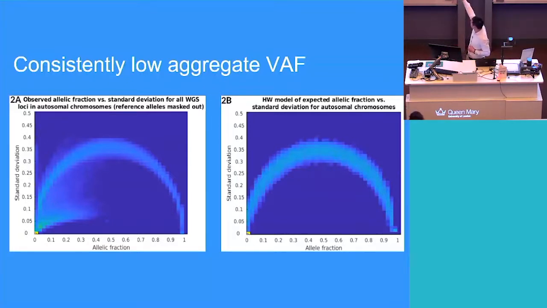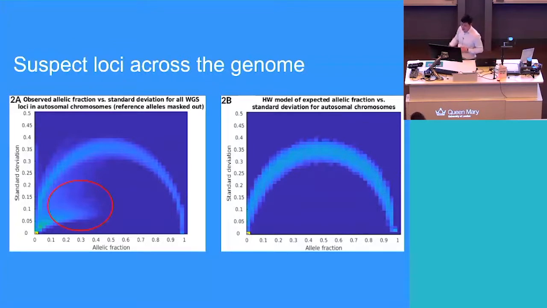This is in comparison to an expected model which we generated based on mixtures of individuals with homozygous and heterozygous mutations. Basically, this group of variants with low allele fraction and low standard deviation, we termed suspect loci because they deviate from the expected model.